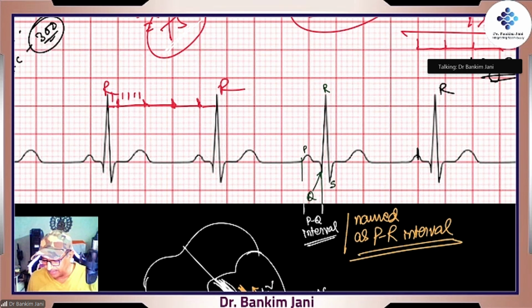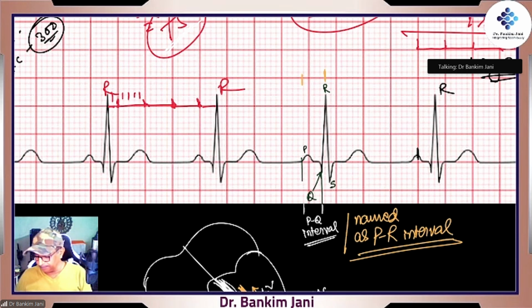There are many other reasons also, but now we have understood that this is the distance we are supposed to measure. So in this case, over here and over here, this is one small square, calculate 1, 2, 3, 4 and 4.5. Definitely less than one big square, because R is over here and this is somewhere over here, so roughly 3 to 4 small squares. So that is the PR interval.